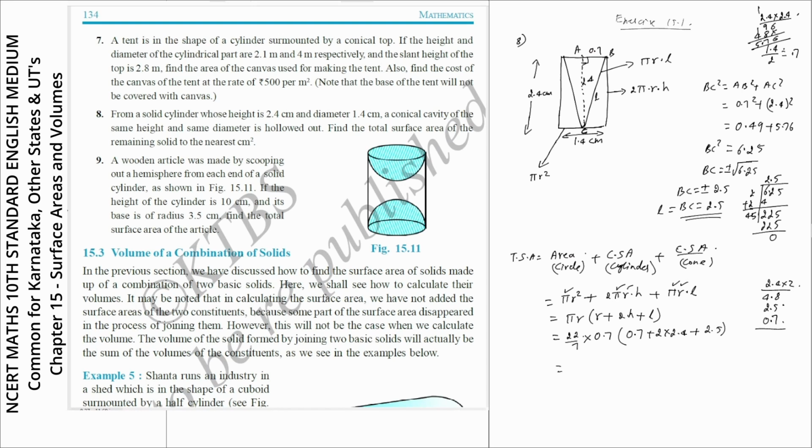So 5 3s are 15, 16, 17, 18, 19, 20, then 4 5 6 7, 4 5 6 7 8, 8.0 I'm getting. So 22 by 7 into 0.7 into 8.0 means 8 only. Now this 7 ones are 7, 7 ones are 7, so since decimal is there I'll get 0.1.